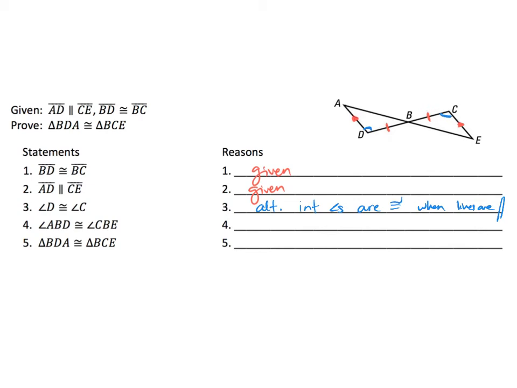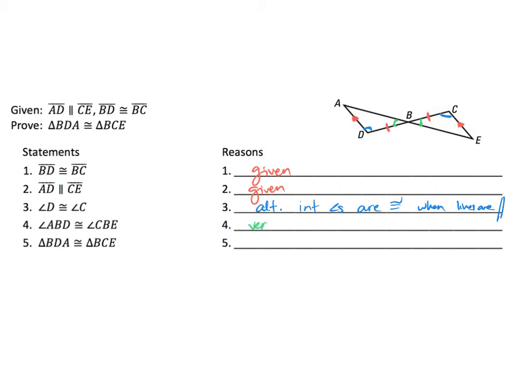Okay, the next thing is we are told that angle ABD is congruent to angle CBE. So this is another one of those hidden given statements in the diagram. Those are vertical angles, and we know that vertical angles are always congruent to each other.